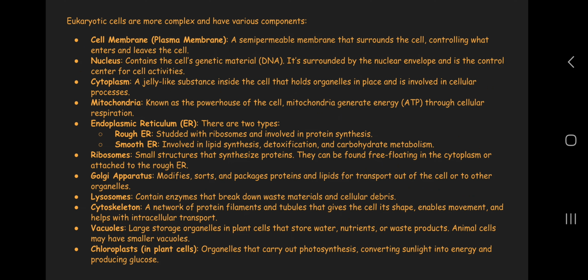I think you might have heard that before. It's surrounded by the nuclear envelope and is the control center for cell activities. Cytoplasm. It's a jelly-like substance inside the cell that holds organelles in place and is involved in cellular processes.